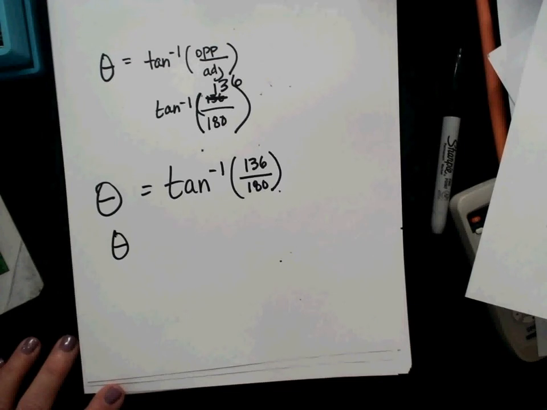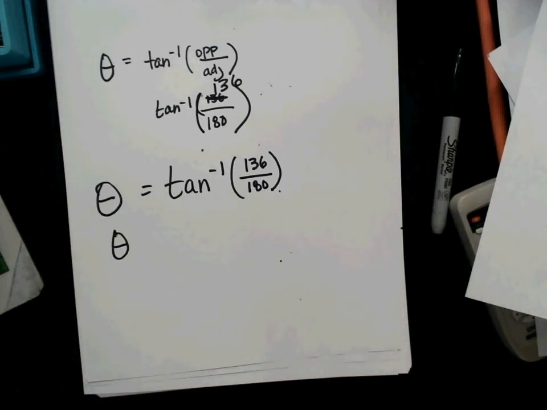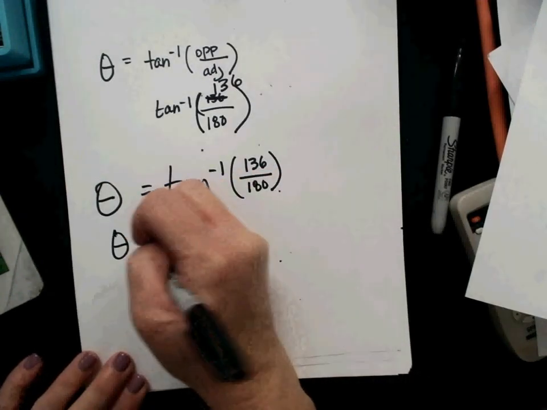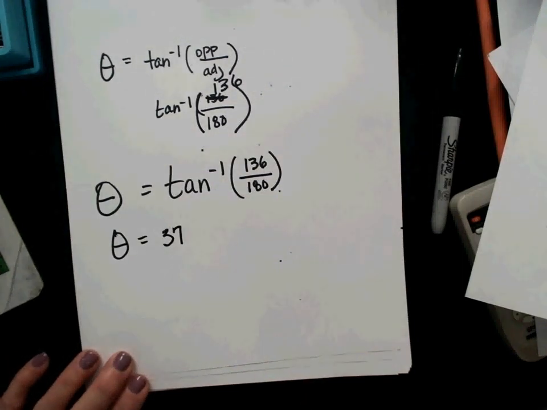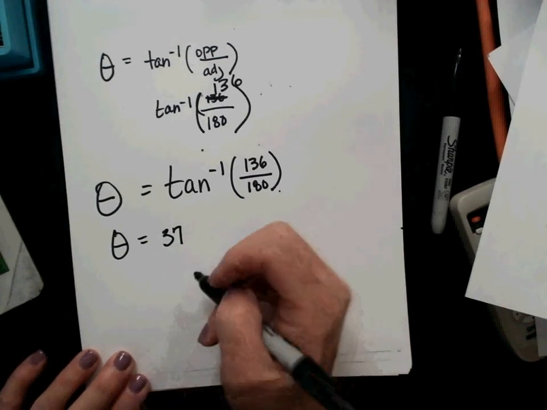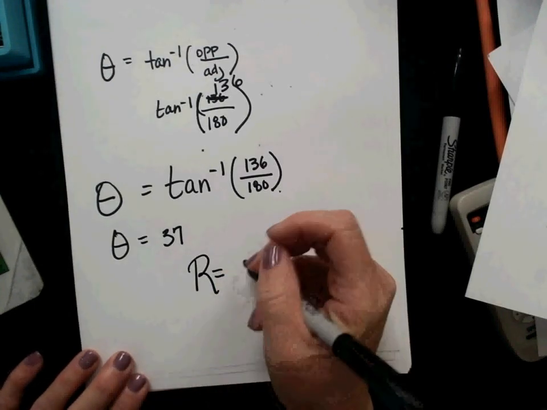Let me know what you get. See if it matches mine. What you got, Callie? I got 37.1, but then 6 makes it just 37. Yeah, you can round most of the time your angles just to a whole number.